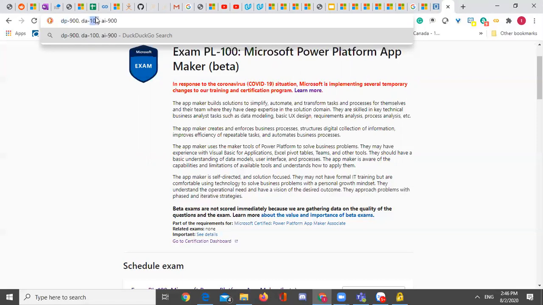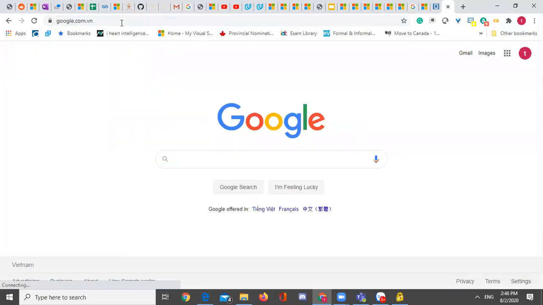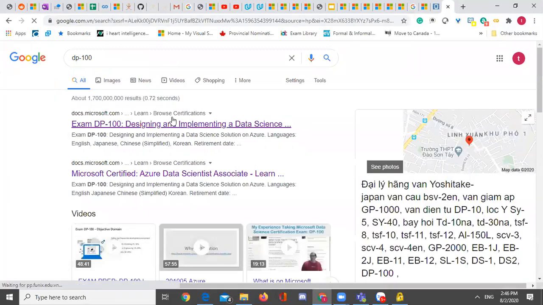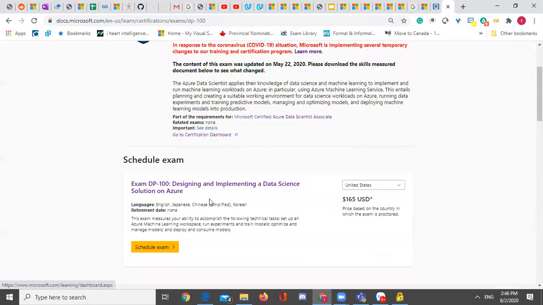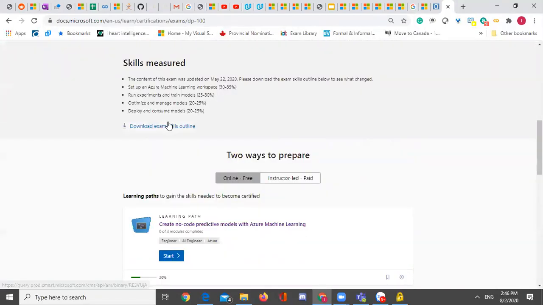So let me show you the content of DP 100, so you know why I recommend DP 900 first. I already did the Azure fundamentals 2 months ago.